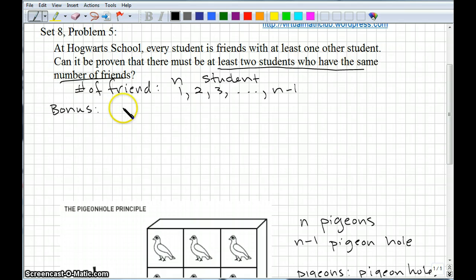So then we still have n students, but this time the number of friends could be 0, it could be 1, it could be 2, it could be 3, all the way up to n minus 1.